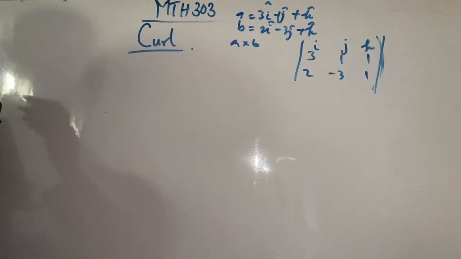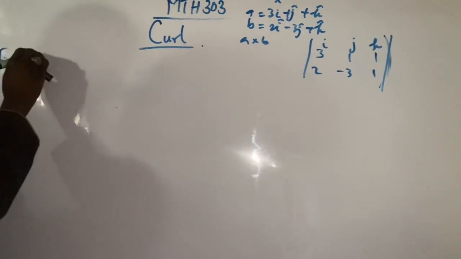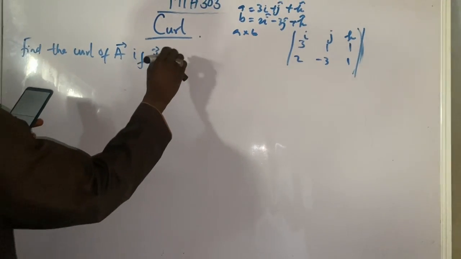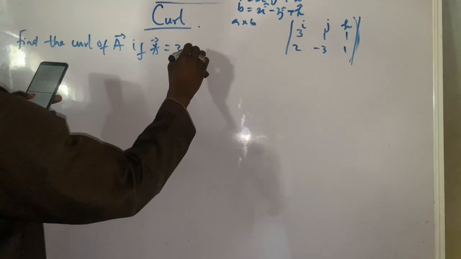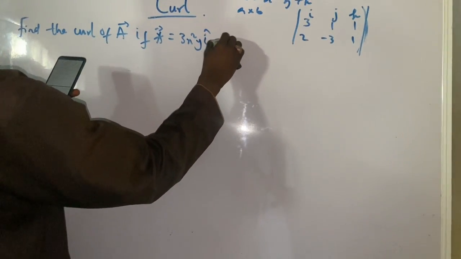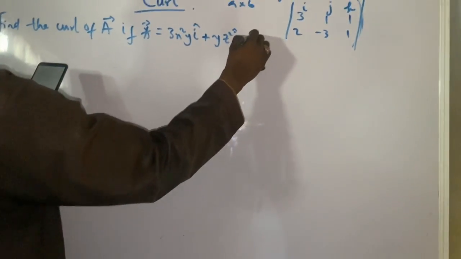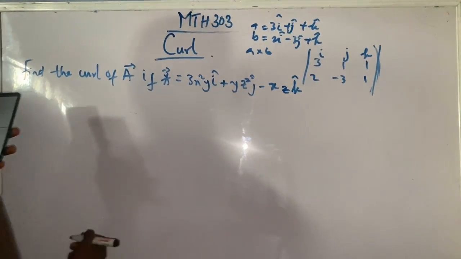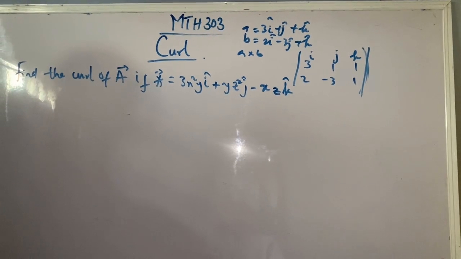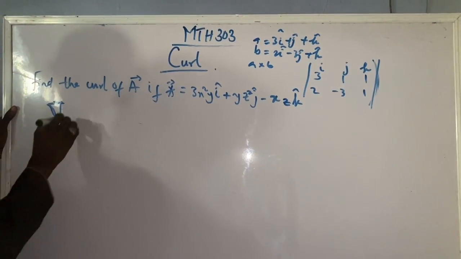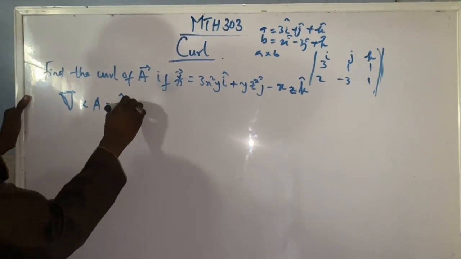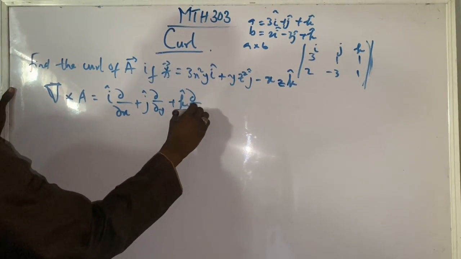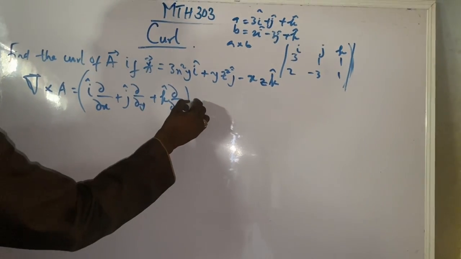Find the curl of A. If A is equal to 3x squared y i plus yz squared j minus xz k, let us obtain the curl of A. Curl of A is the operator del cross A, that is equal to i del x plus j del y plus k del z, all these cross A. What is A?